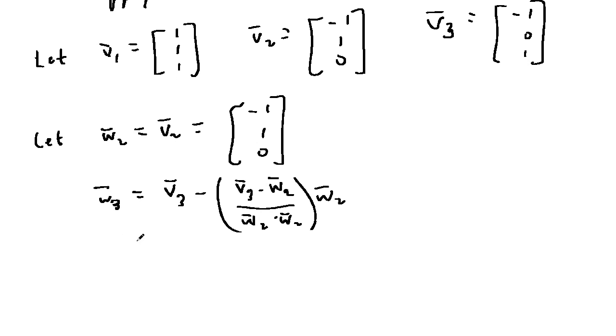Okay, so that's equal to this vector minus v3 dotted with w2, so we get 1, and w2 dotted with itself, okay, that's 2, times the vector w2.